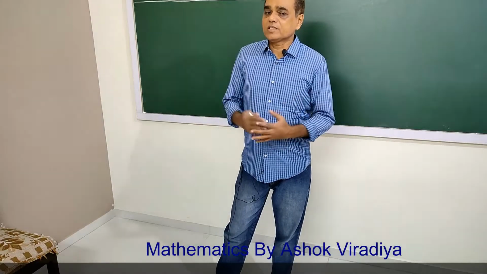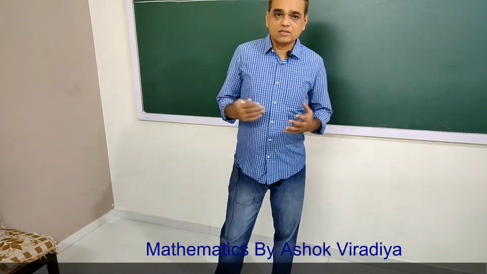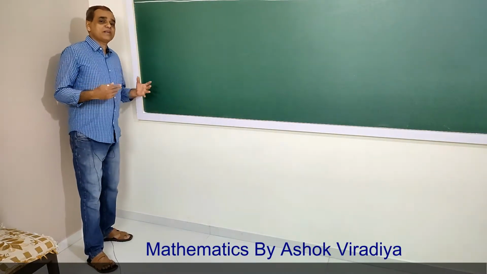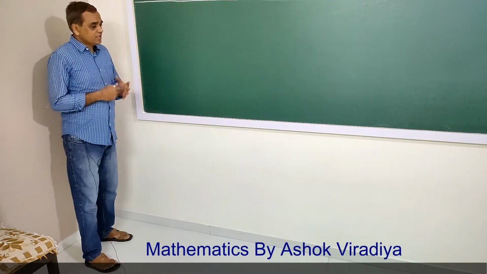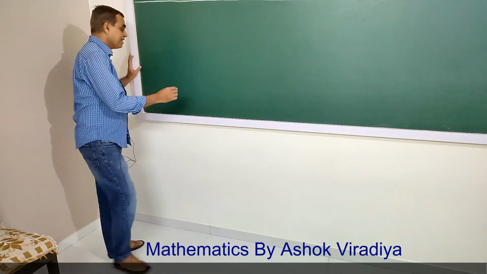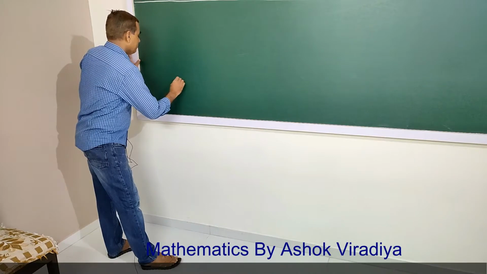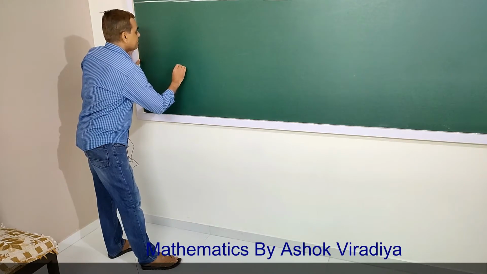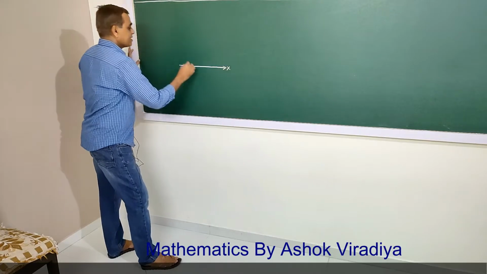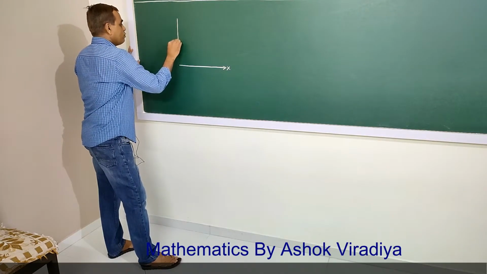Now I am discussing a new chapter, Introduction to Three-Dimensional Geometry. Say, in a plane, generally whenever we discuss anything in plane, what we do? We take two coordinate axes, x-axis and y-axis.